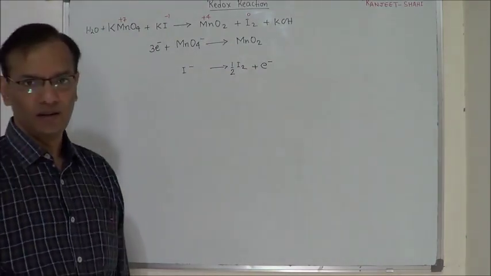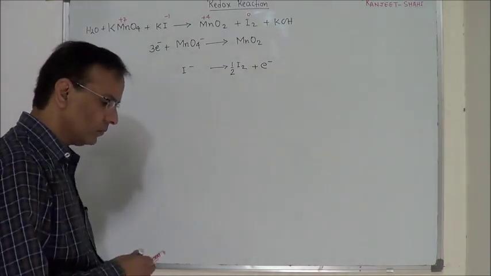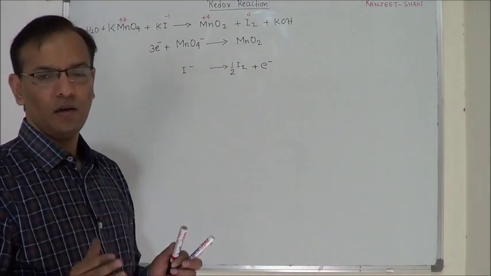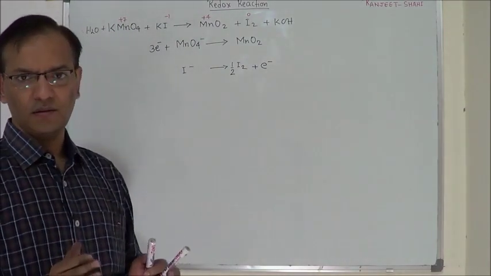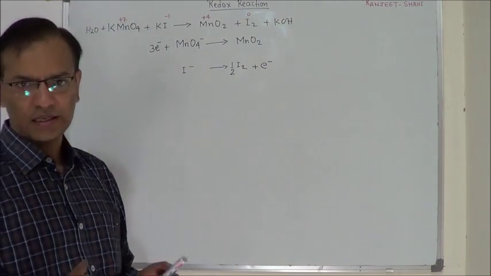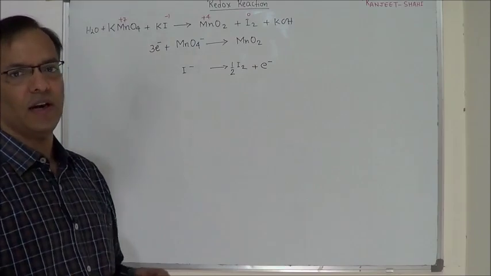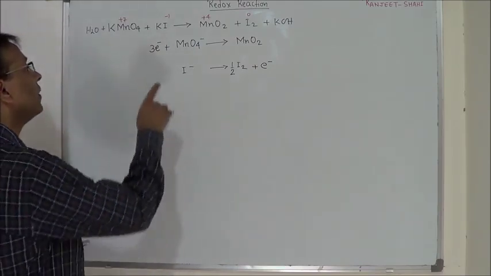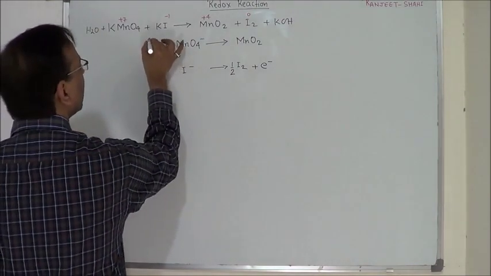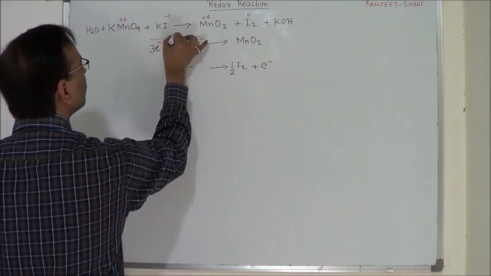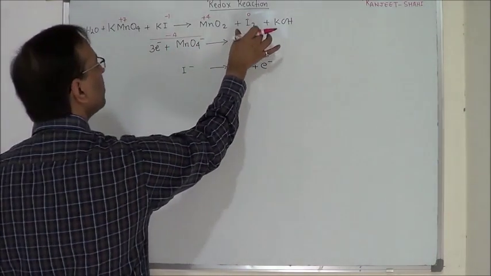Now charge balancing. This time, the side which has smaller charge, lower charge, will be balanced by using hydroxide on that side. So here we have minus 4, minus 3, minus 1, minus 4 in total. On the other side we have 0.